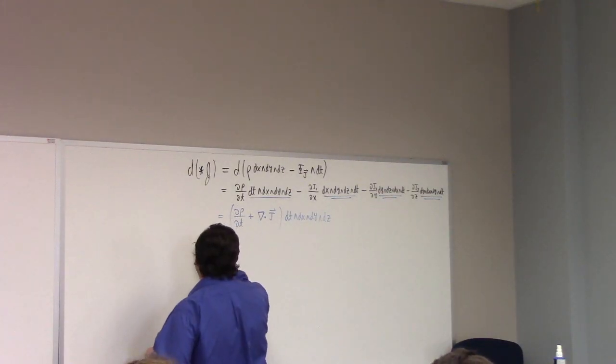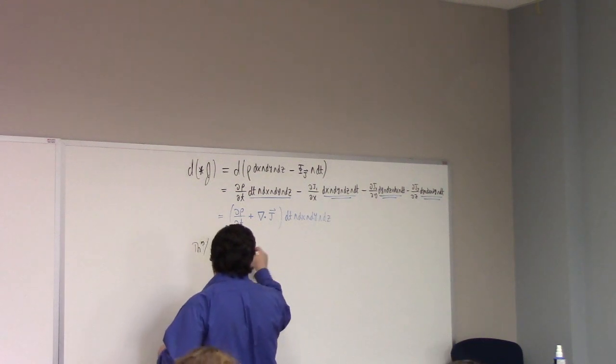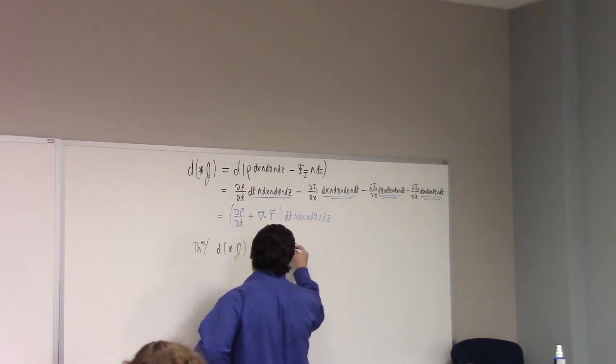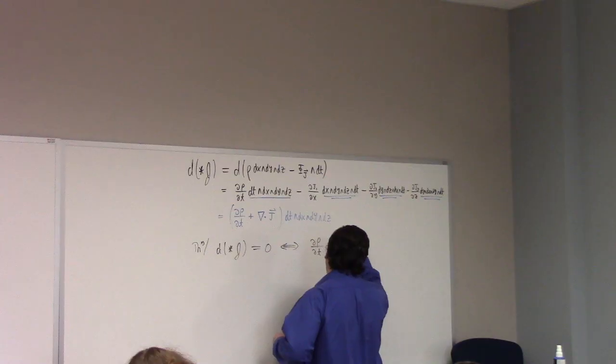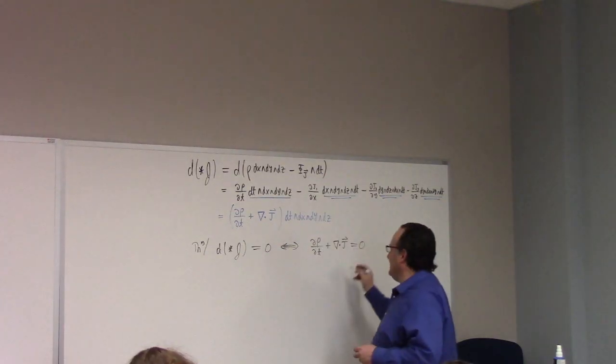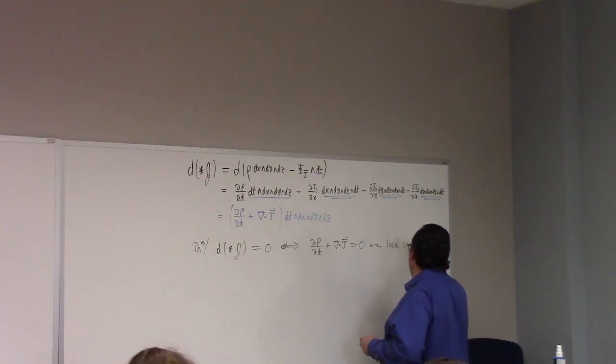So theorem: the exterior derivative of the Hodge dual of J is equal to 0 is interchangeable with this equal to 0. But this is literally local conservation of charge.